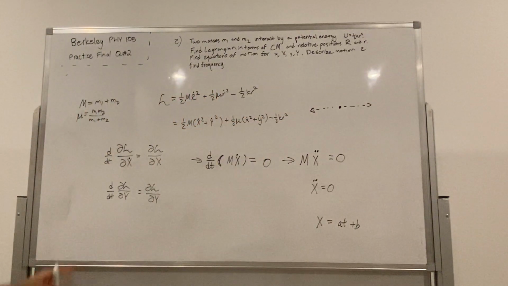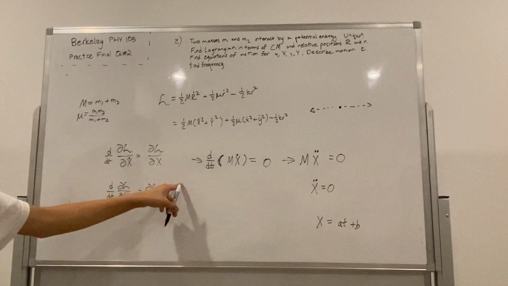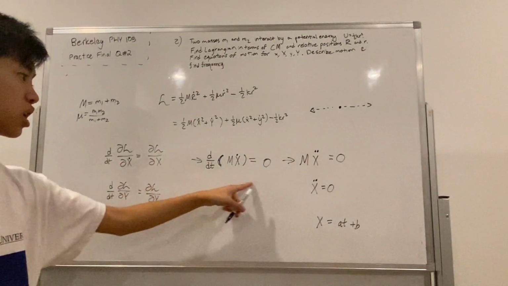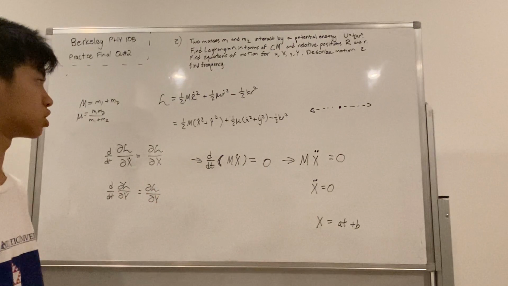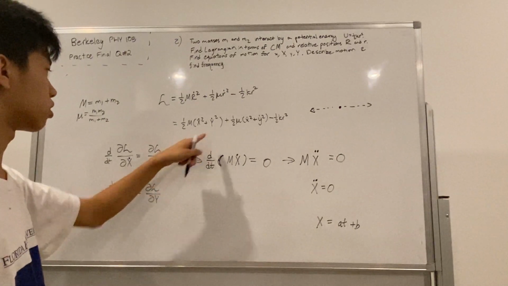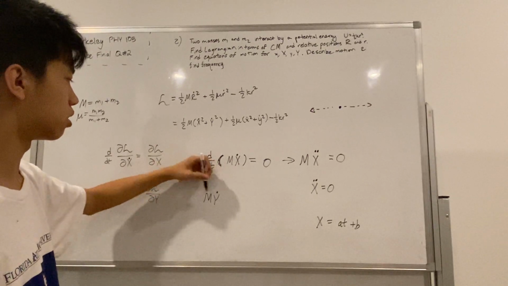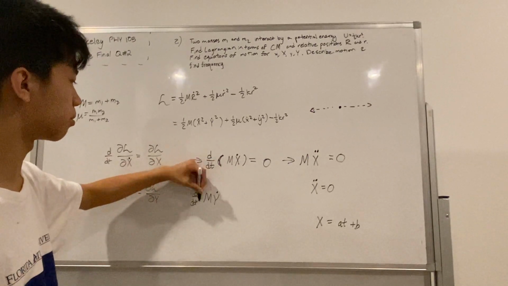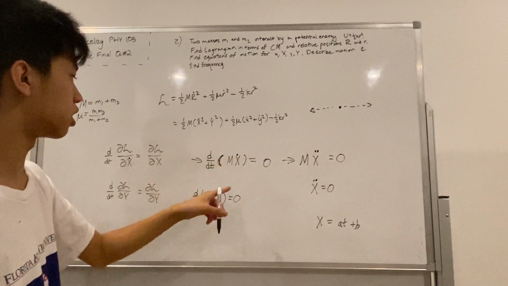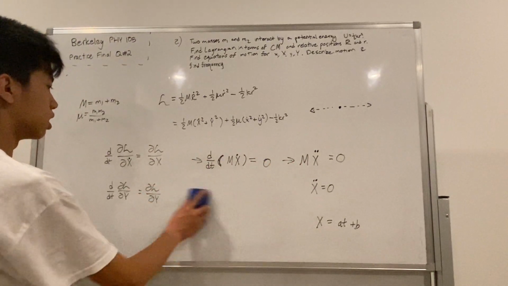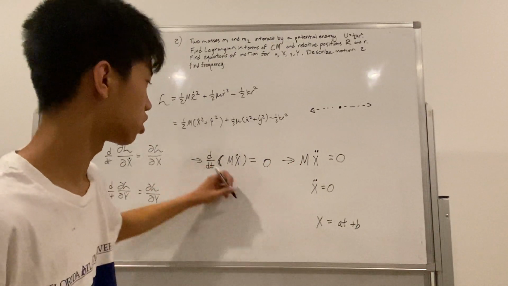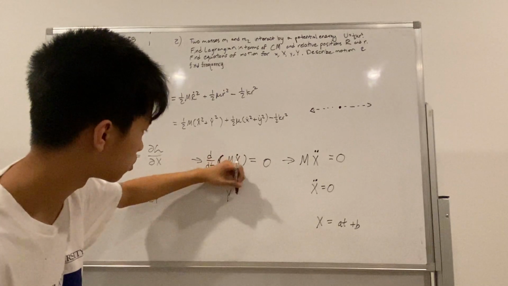Now, solving for y, we're going to get the exact same result as we got here, because if you differentiate this with respect to y prime, you're going to get M y prime, d/dt of M y prime equals 0. Then we're going to just end up with the same solution, so that we'll have Y double prime equals 0.